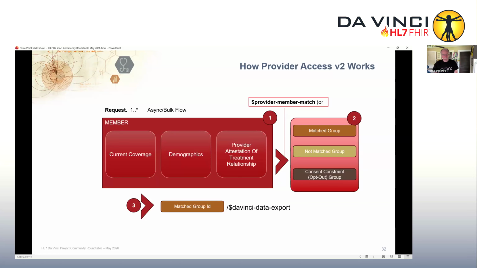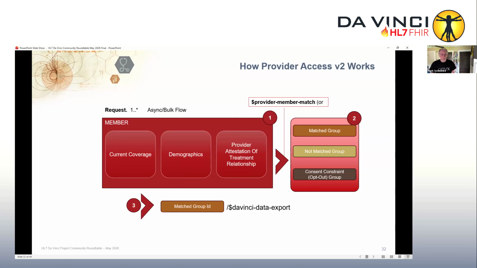And we simply ask that the provider, since they're a covered entity, just provides a provider attestation of a treatment relationship. So it's really just noting that this provider believes they've got a treatment relationship with that member, and it's not forcing the provider to go and get the member to go and sign something. It's really just a statement, almost a pro forma, for the provider to complete that.